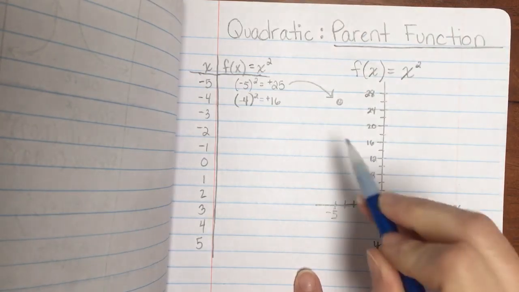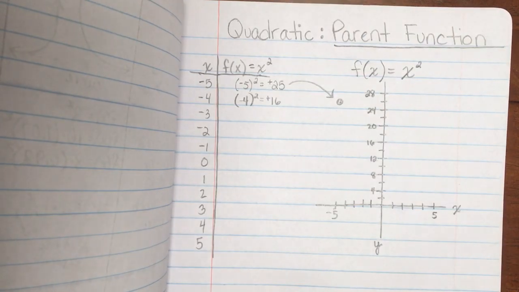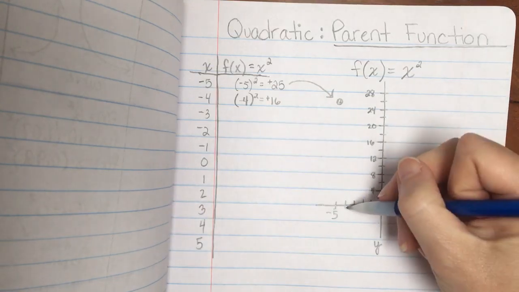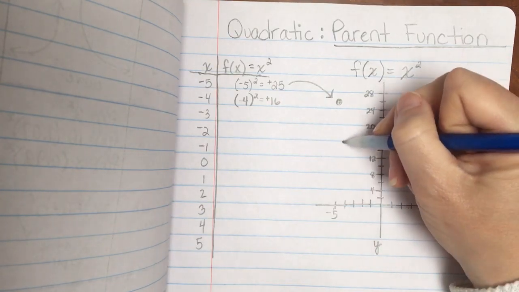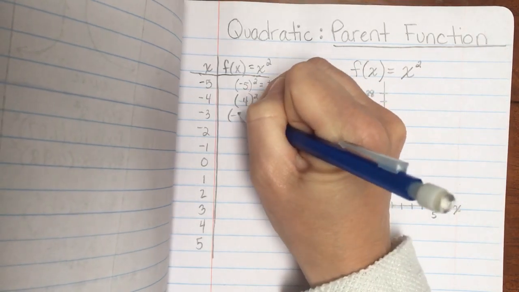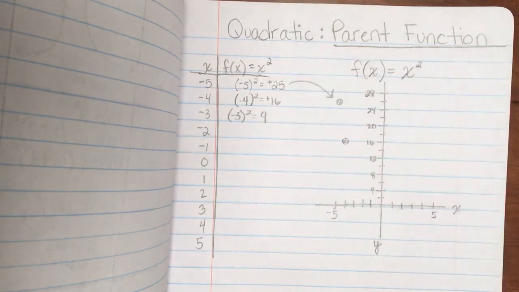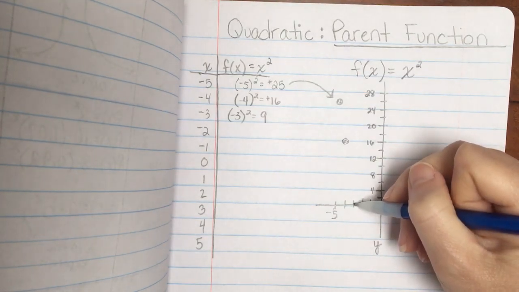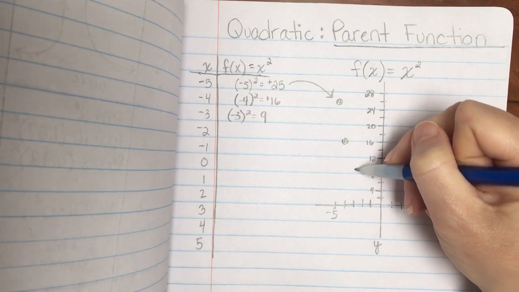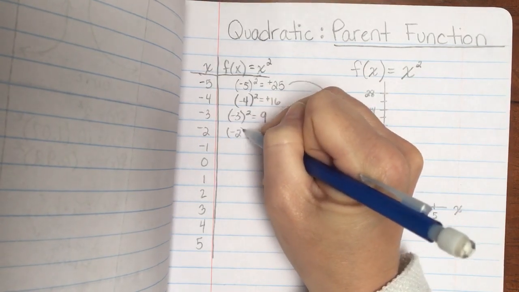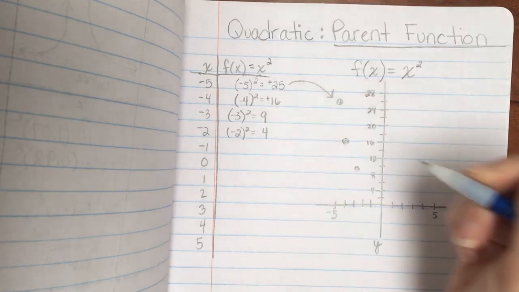When x is -5, your y value is +25. When x is -4, we are at 16. -3 squared, -3 times -3, is a +9. -3, +9 would be right in the middle there. -2 squared would be a +4.